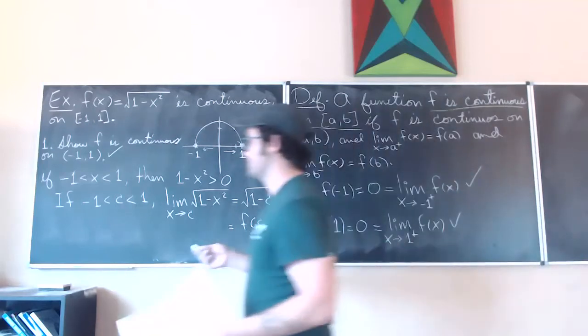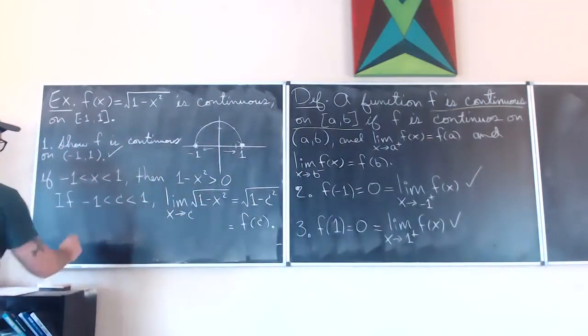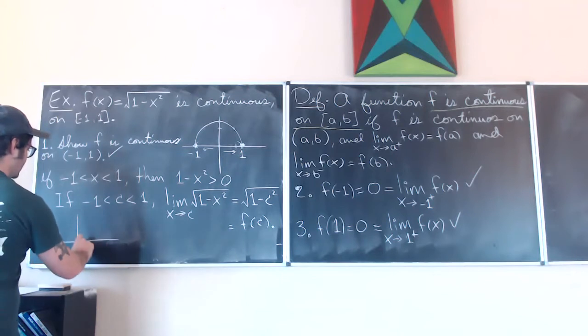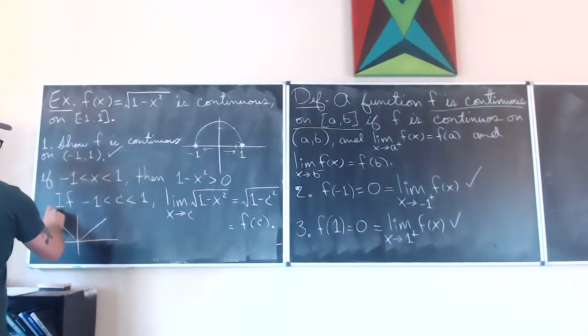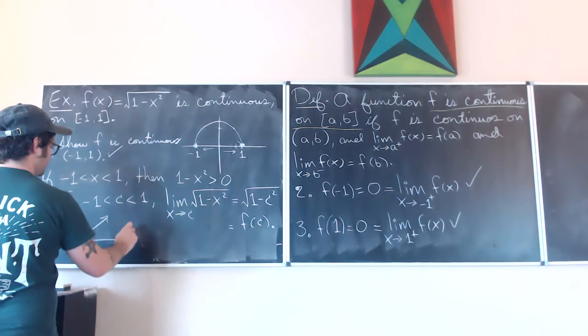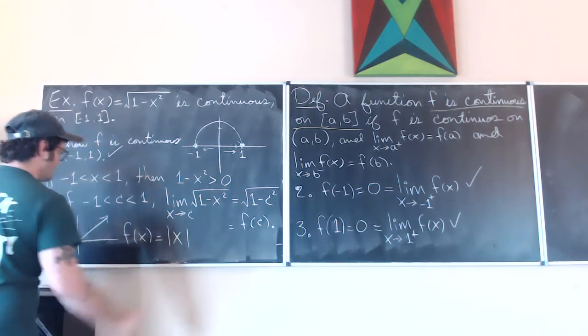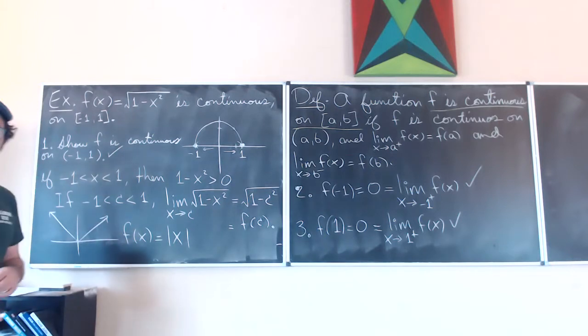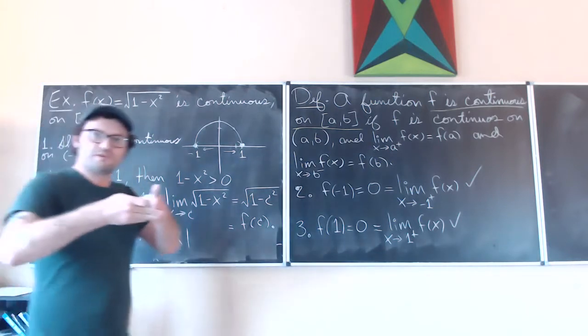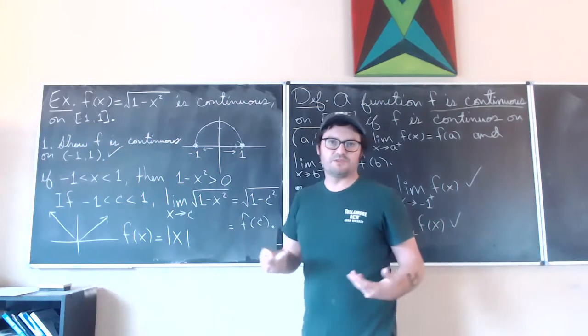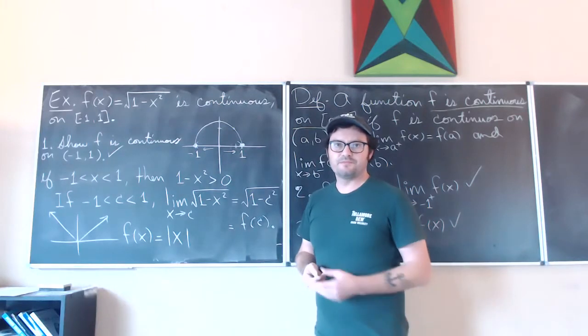So for example, one that wouldn't be smooth but is continuous is the absolute value. That's what the absolute value looks like. That has a sharp point, but it's still continuous at that point, right?